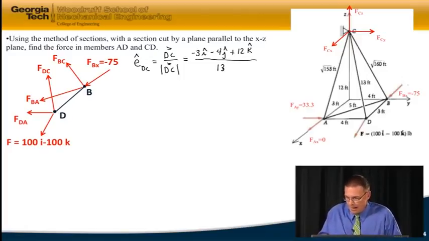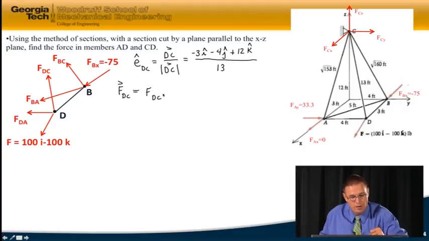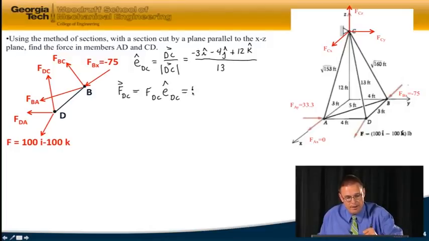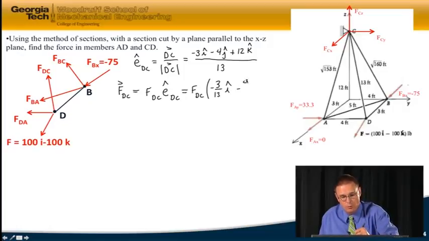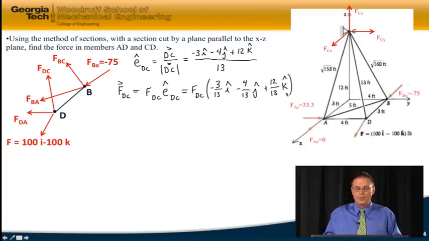And then F_DC, the force expressed as a vector, is equal to the magnitude of the force times its direction. We just found the direction to be the unit vector e_DC. And so we have F_DC's magnitude times minus 3 over 13 i minus 4 over 13 j plus 12 over 13 k. So that's F_DC expressed as a vector.